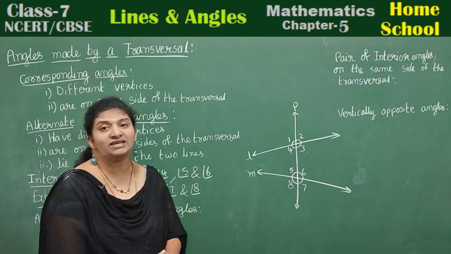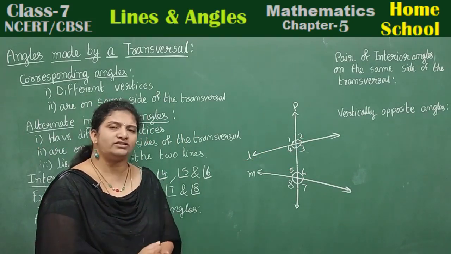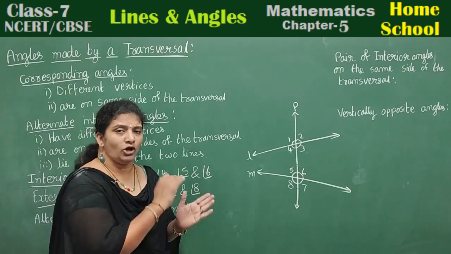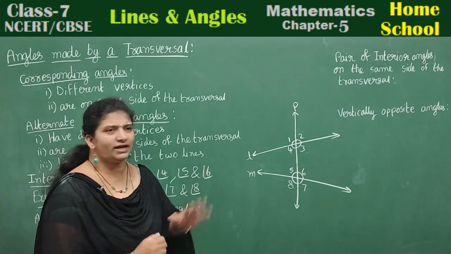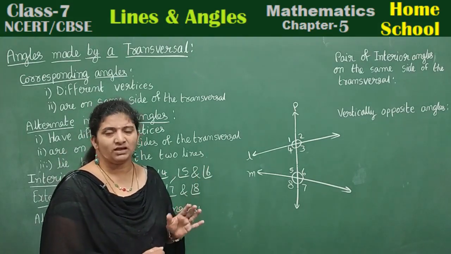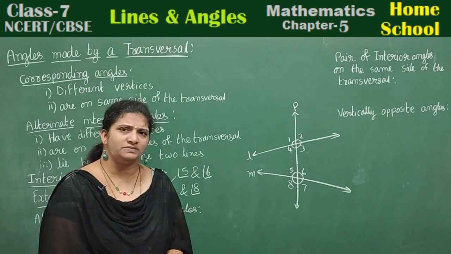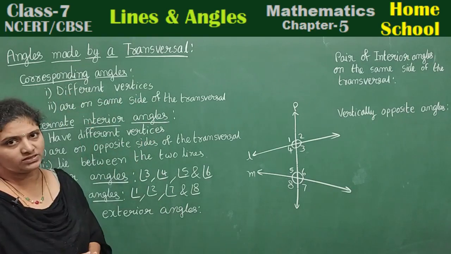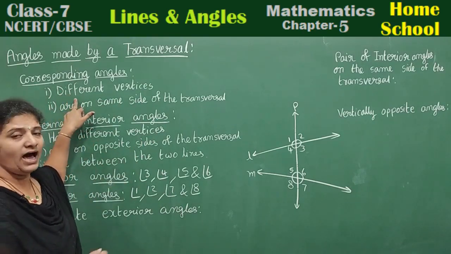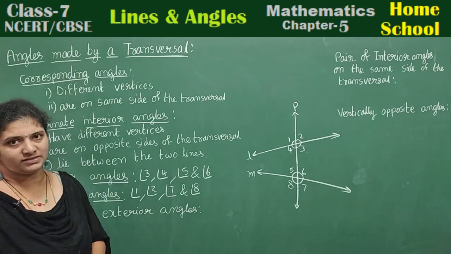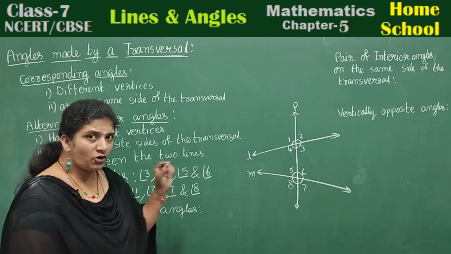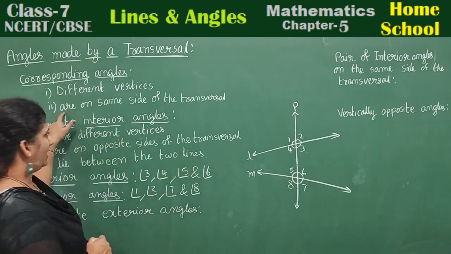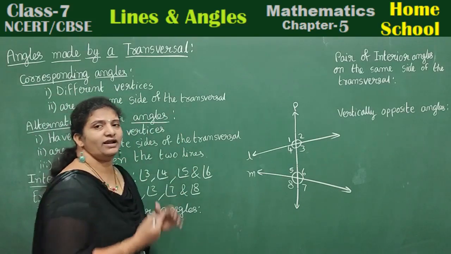Next, coming to corresponding angles. Children, you know adjacent angles: having a common vertex and a common arm, with non-common arms on either side. You know adjacent angles, right? No need of identifying them. Coming to corresponding angles, what are corresponding angles? They should follow these 2 rules. The angles should have different vertices, and be on the same side of the transversal.